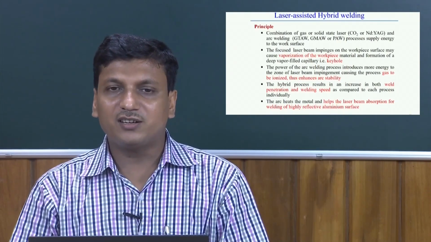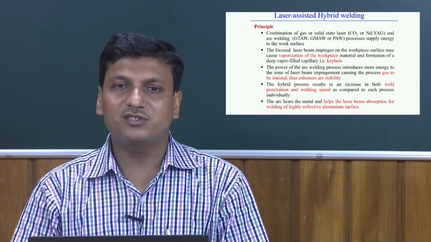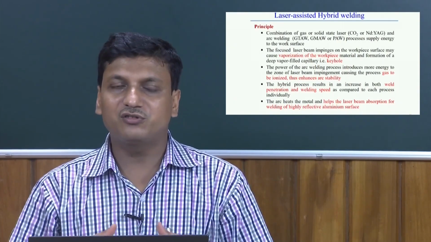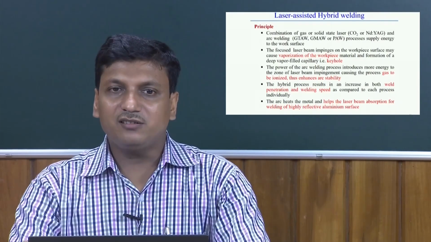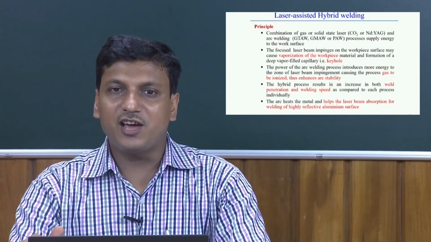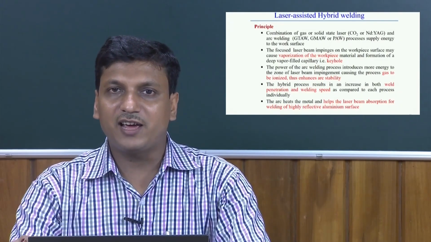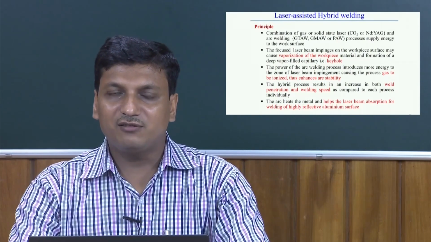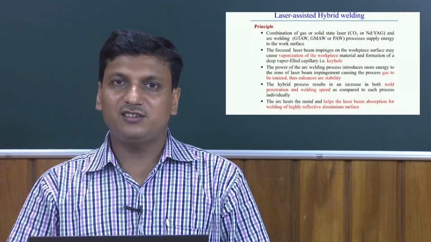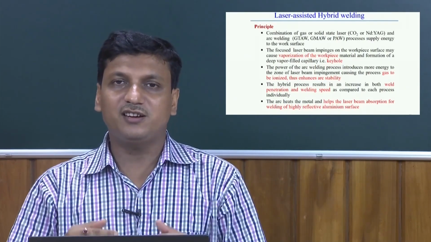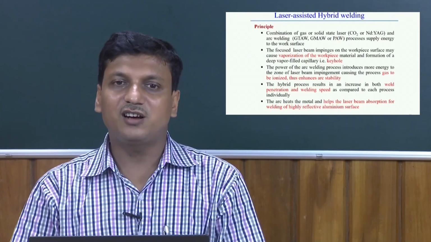Now, the power of the arc in the arc welding process introduces a larger amount of energy, and the laser helps the gas to be ionized, and in that sense the laser enhances the arc stability in the hybrid welding process.